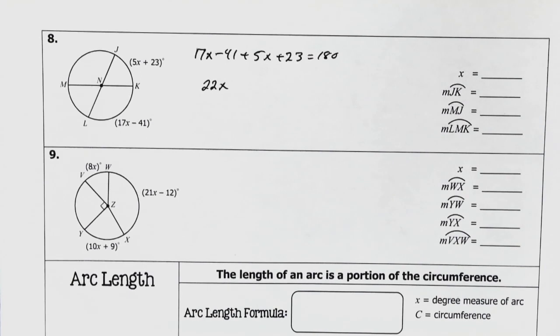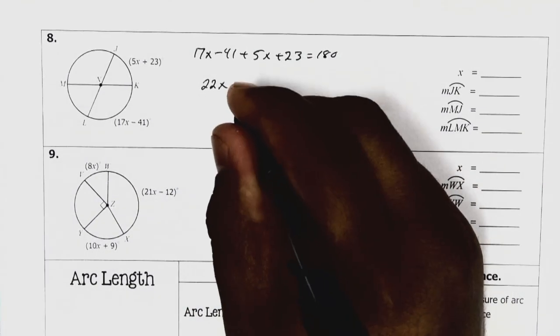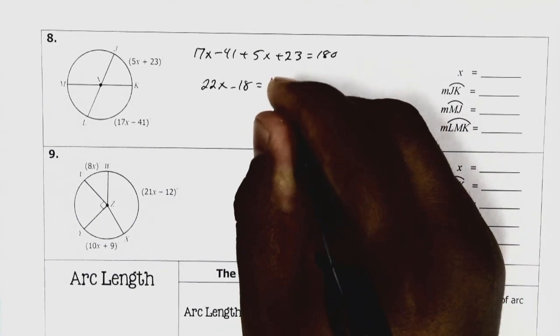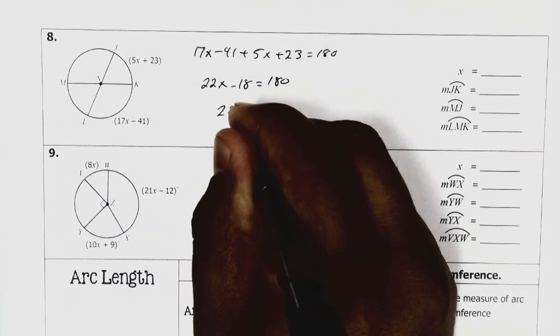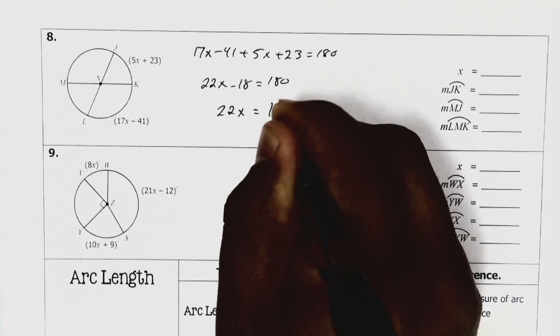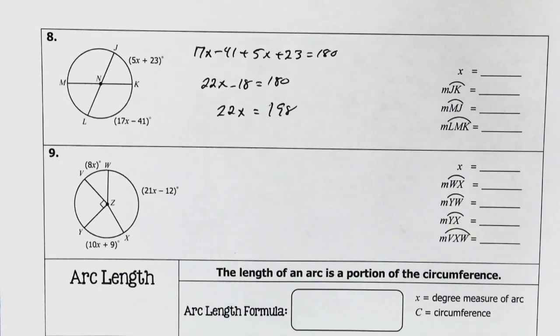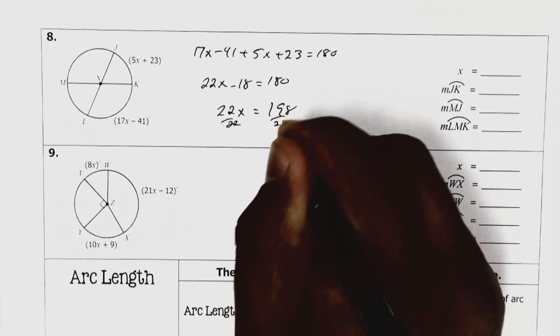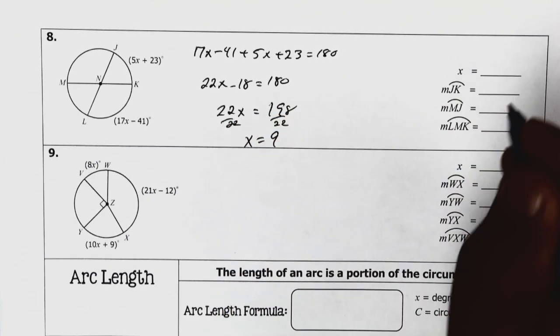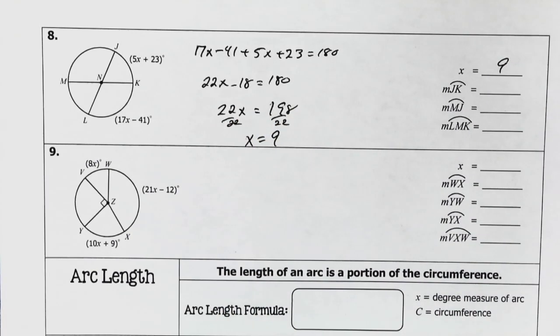Negative 41 plus 23 is negative 18, equals 180. Add 18: 22x equals 198. Divided by 22, x equals 9.